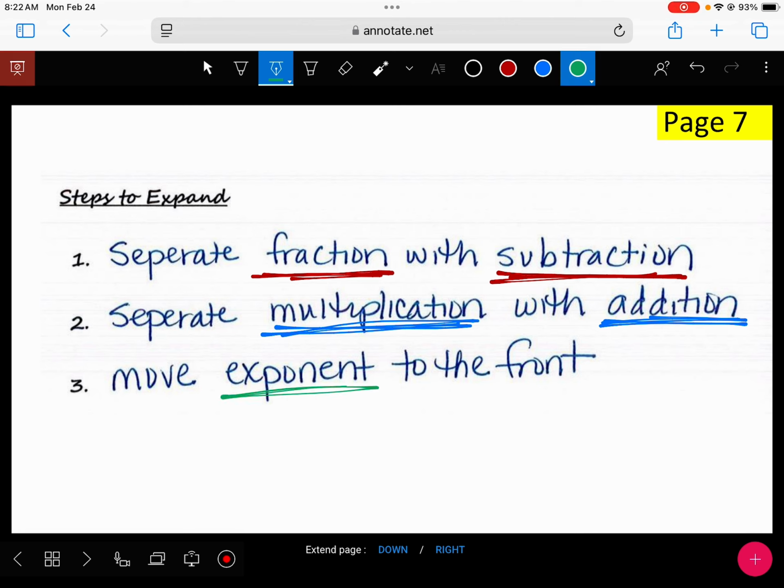And if we have an exponent, we're going to move it to the front. So we're going to practice expanding our logs today.